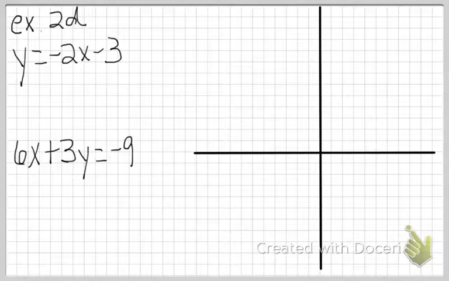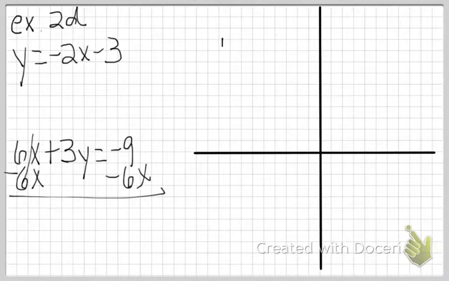Okay, the next example, the first equation y equals negative 2x minus 3 is already solved. So the second equation, I just have to subtract 6x. It's 3y is equal to negative 6x minus 9.